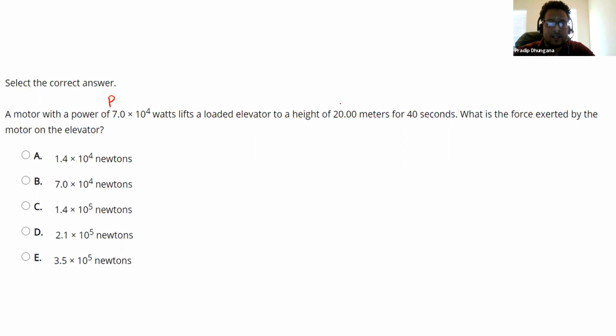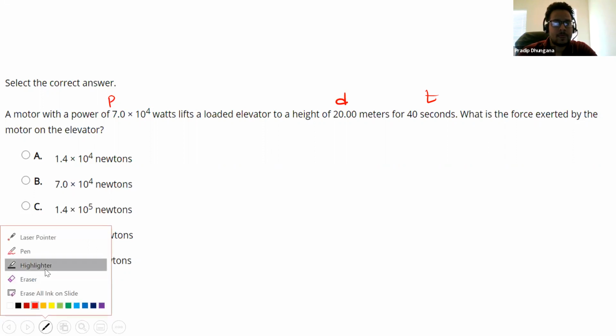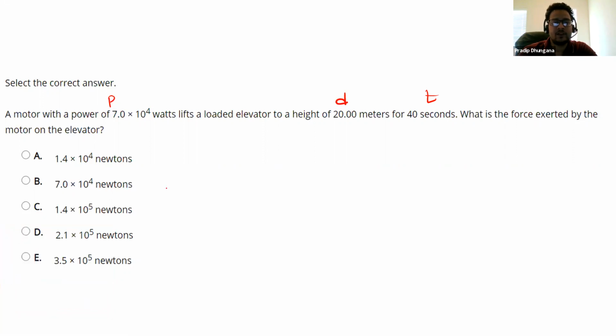You can either write that height as H or let's write as displacement D, for 40 seconds time T. What is the force exerted by the motor on the elevator? So we have to calculate the force exerted by the motor on the elevator.